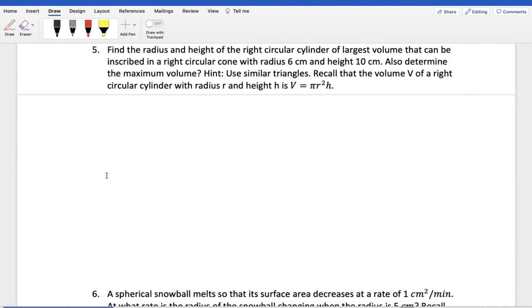So the next one is asking us to find the radius and the height, right?